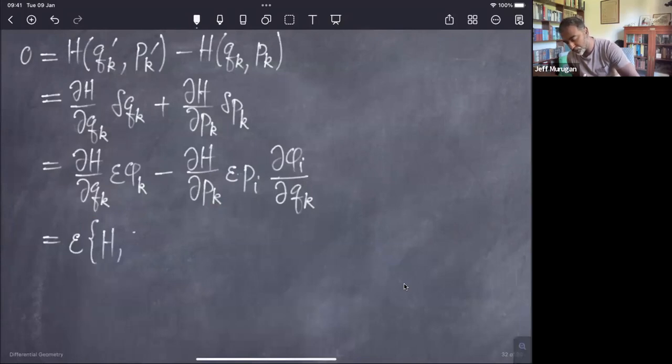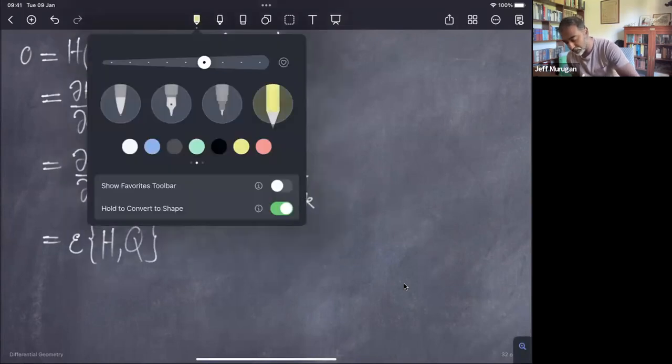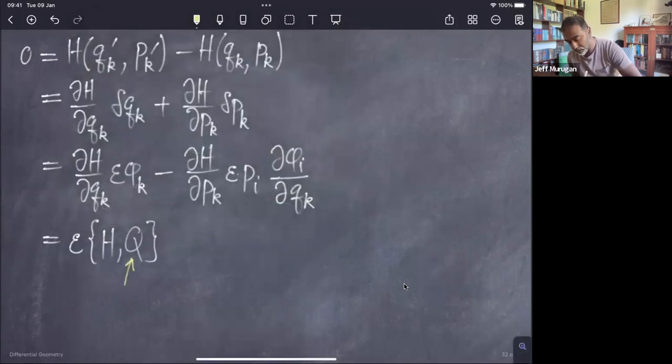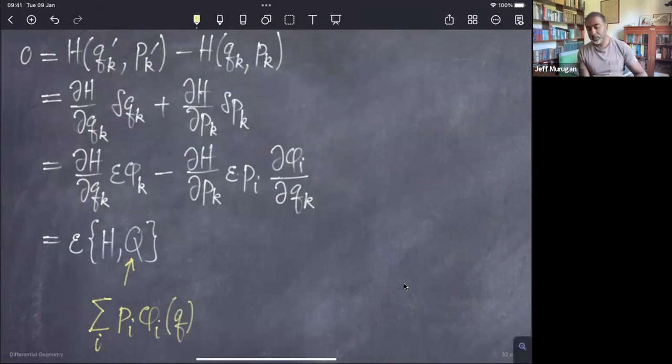Poisson bracket of H with some quantity that I'm going to call Q, and that quantity Q is the sum over k, over i, say, of pi phi i of q.